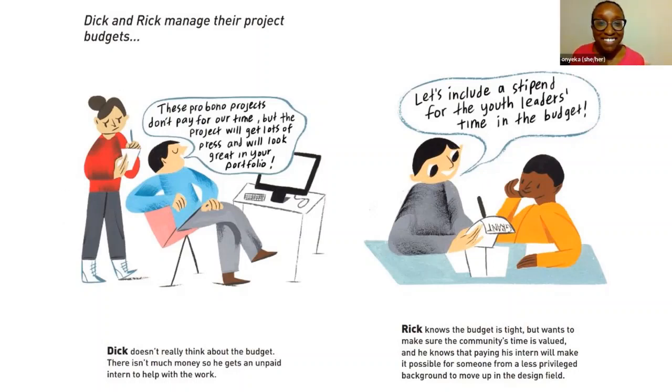Let's include a stipend for the youth leader's time in the budget. Rick knows the budget is tight, but wants to make sure the community's time is valued. And he knows that paying his intern will make it possible for someone from a less privileged background to move up in the design field.